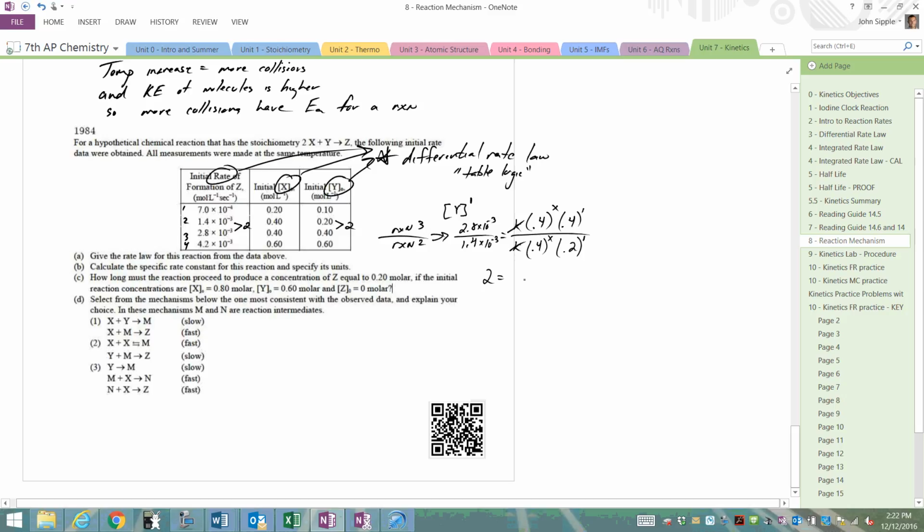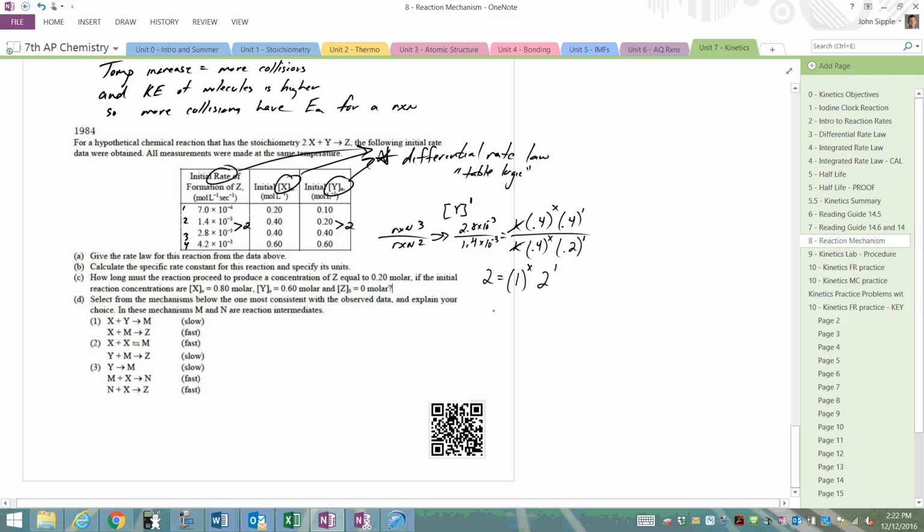Okay? 0.4 divided by 0.4 is what? 1, right? So it's 1 raised to some X power. Okay? 0.4 divided by 0.2 is 2, right? Raised to the first power, which is just 2, right? Okay?